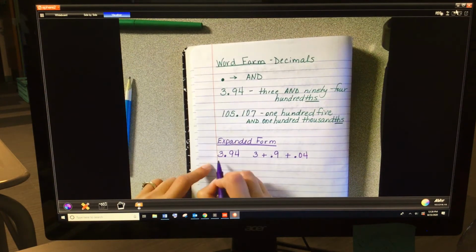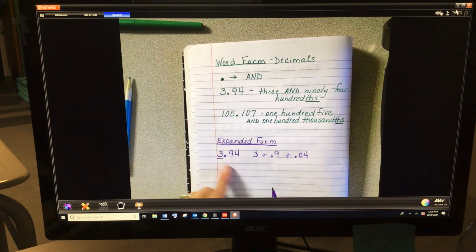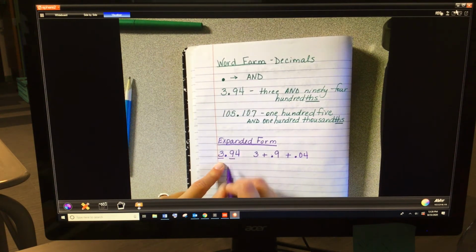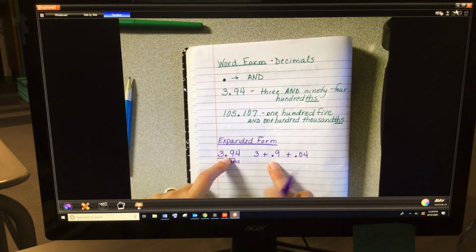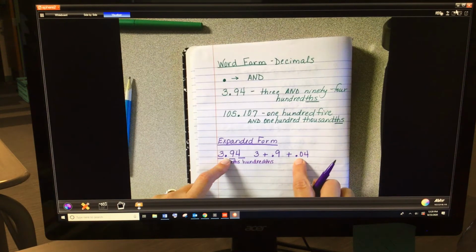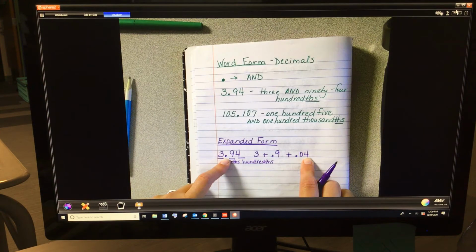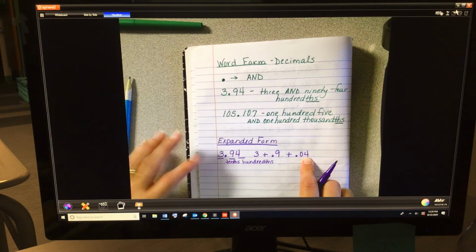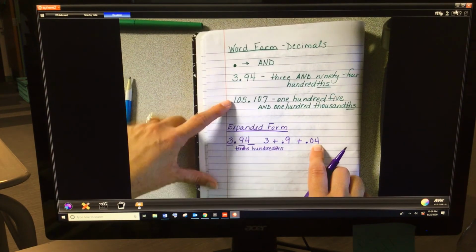Again, we took the 3 as in the ones, so it's just 3, plus the 9 is in the tenths, so we had 9 tenths, and then the 4 is in the hundredths, so we had 4 hundredths, because in this situation I wouldn't say "and 4." I'm just going to say 4 hundredths. Okay? All right, this is exactly what you did in 4th grade. I'm hoping you're remembering.